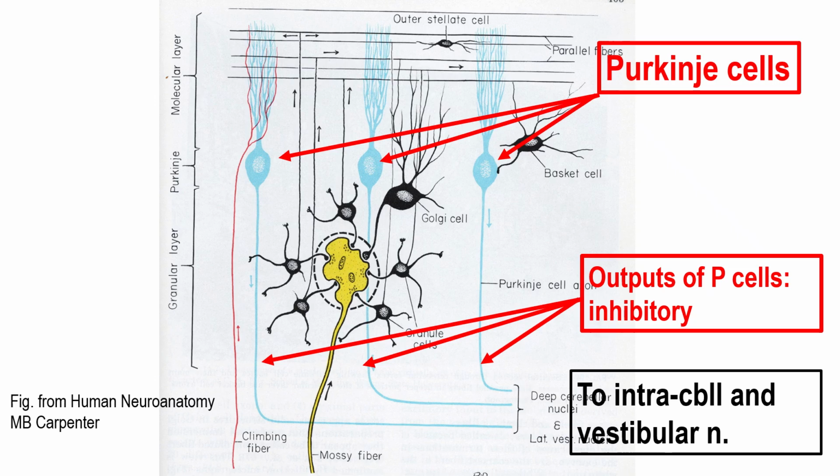The output from the cerebellar cortex, namely Purkinje cells, sends axons to the intracerebellar and the vestibular nuclei, as mentioned earlier. But it is important to know that they are inhibitory, not excitatory.